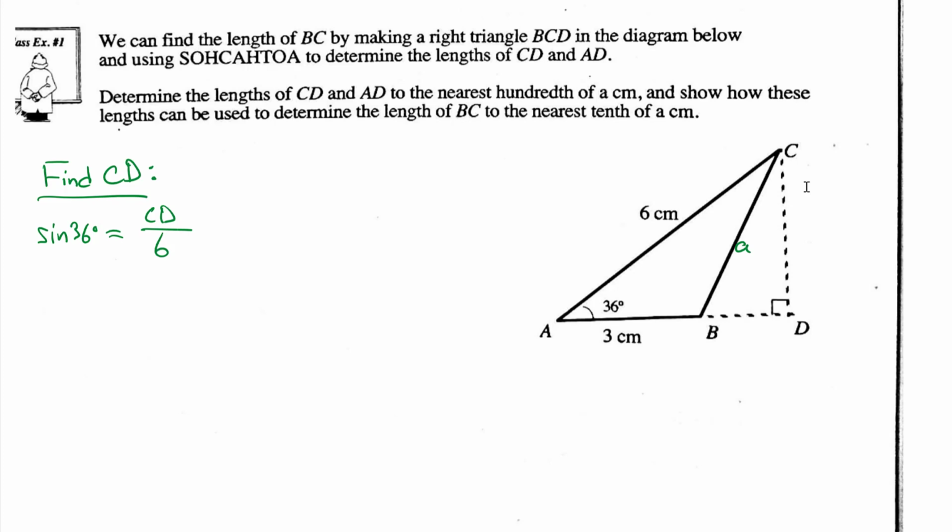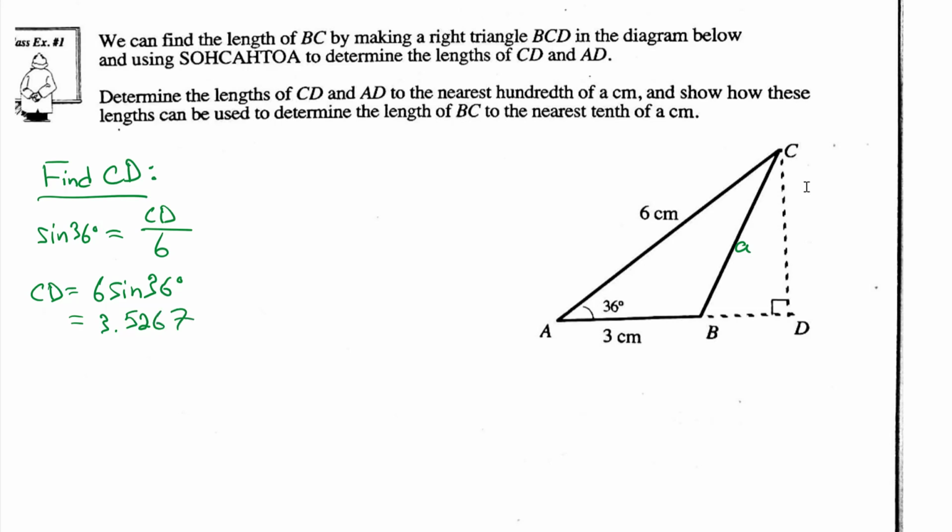And so at this point, the side CD is pretty easy to find. I'm going to multiply both sides by 6, and I get that CD is equal to 6 sine of 36. You work that out, and it's going to be approximately 3.5267.